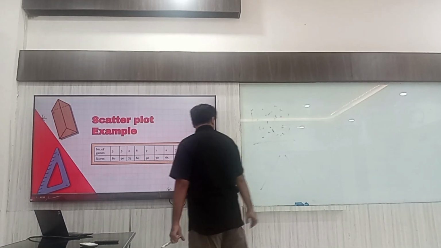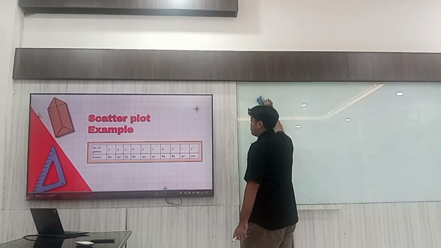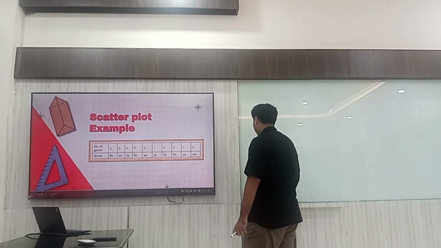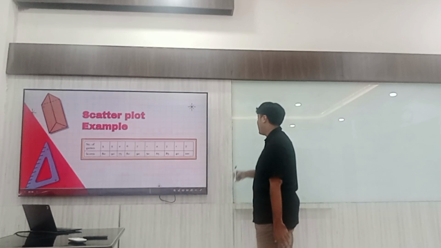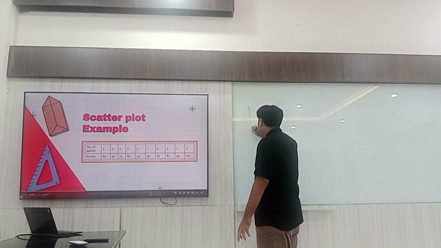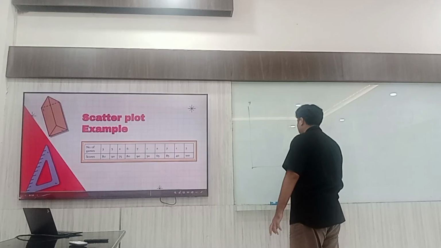The last one, I will draw a scatter plot. For example, first you draw the y-axis and x-axis.